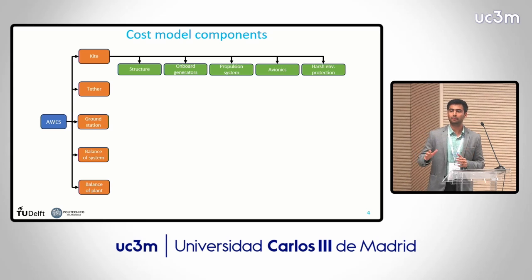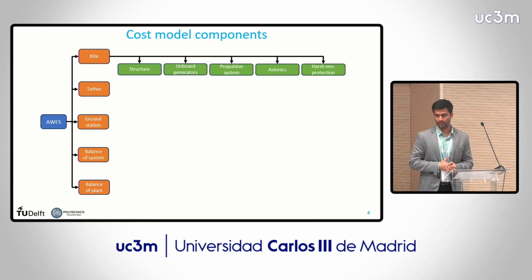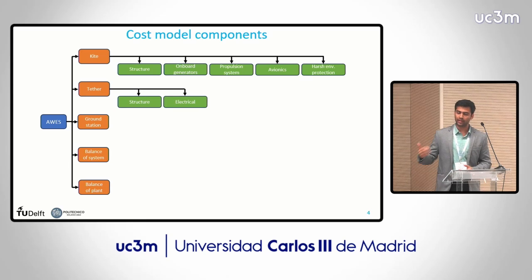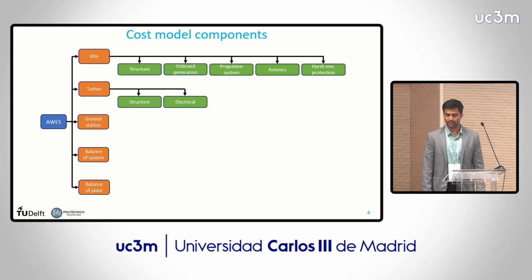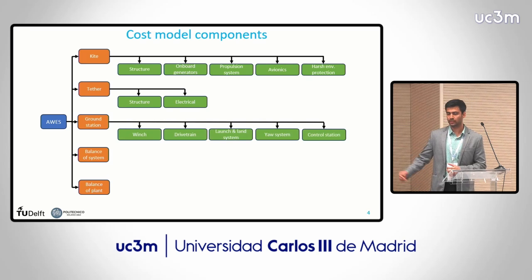We have not modeled that, but in our model we have it as a placeholder so that people can contribute. Similarly, for tether, ground station, and balance of system, we have different substructures.